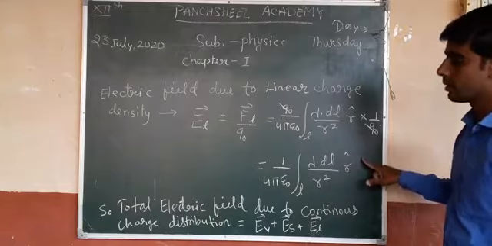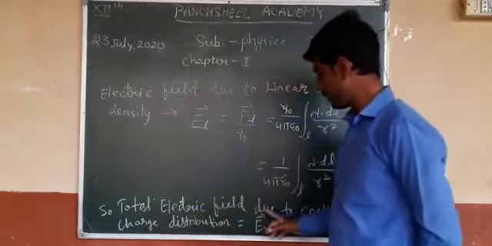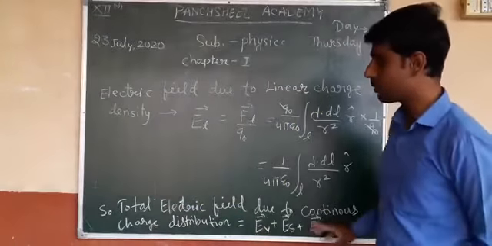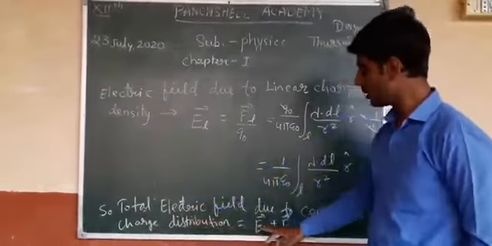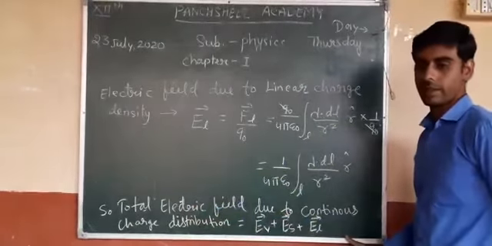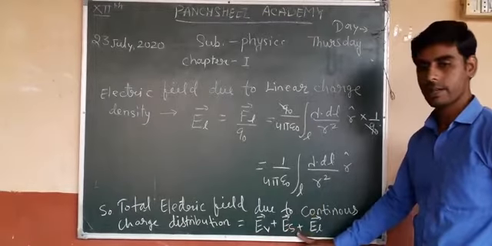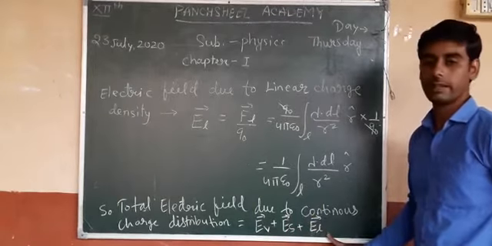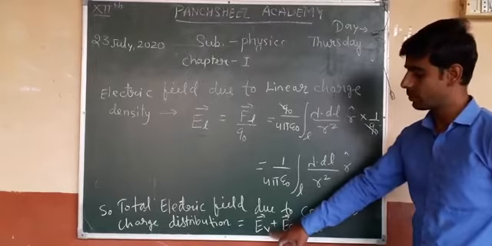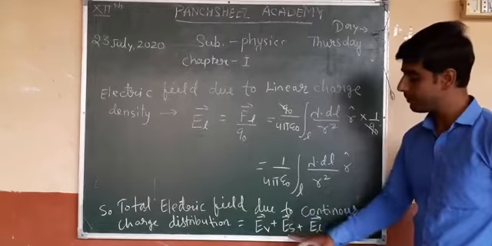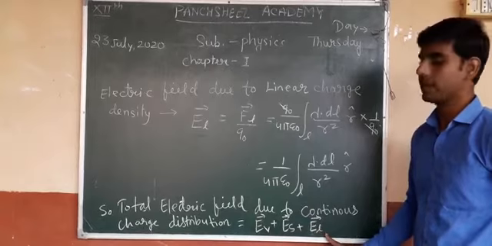So now the total electric field due to continuous charge distribution. Combine all these electric fields: first is volume charge density, then surface charge density, and linear charge density. So put the values of Ev, Es, and EL.